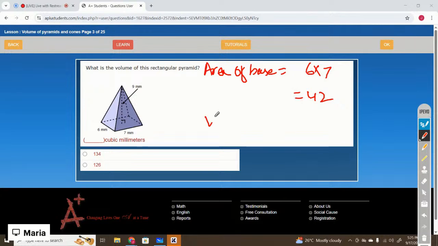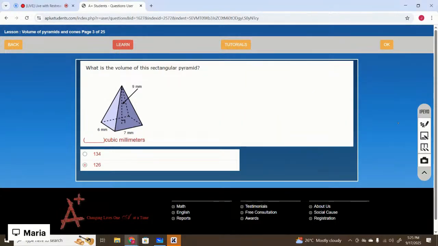V equals 1 by 3 times area of base times height, that is 1 by 3 times 42 times 9. That is 126. Option number 2 is the correct option. Very good.